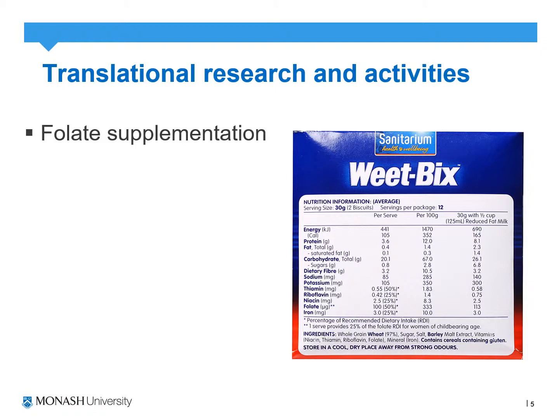If you look at your breads, well, maybe you can't see the ingredients of your breads, but definitely for cereals, something like Wheat Bix, you can scroll all the way down and identify folate with 100 micrograms per serve of Wheat Bix. The recommended dose of folic acid is 400 micrograms, which turns out to be about 4 Wheat Bix.